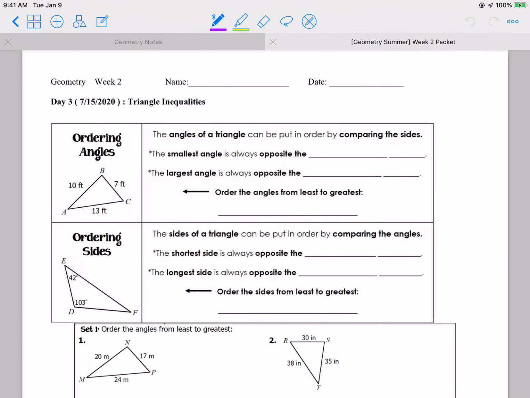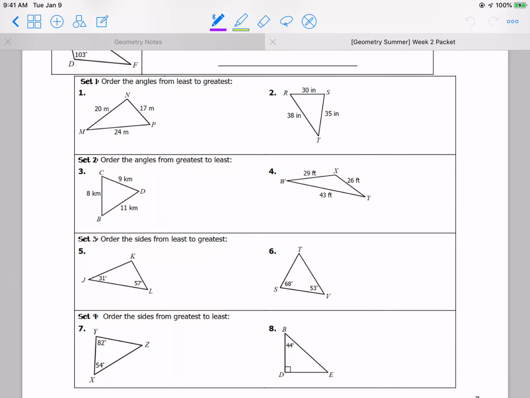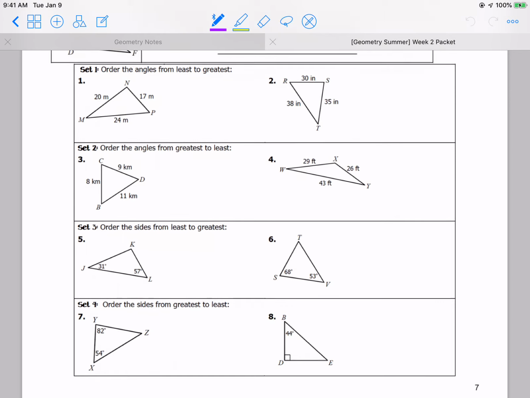Since we only have 4 questions to do from your homework, I'm just going to, oh actually not 4, it's 8 questions. Let's just do one of each. I'll do 3 and 8. Okay, I'm doing those questions because I want you to double check this one is actually going from greatest to least.